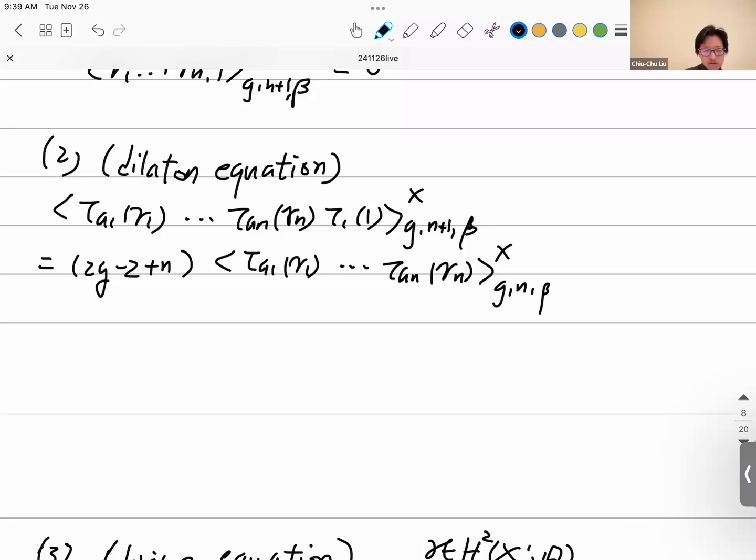So 2g minus 2 plus n is like the degree of the log canonical line bundle over a genus g, n-pointed curve.